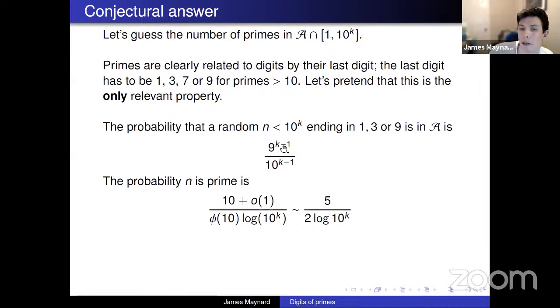So there's 9 choices for each of those k-1 digits. And so the probability that such a random integer lies in my set A of having no 7s in the decimal expansion is just 9 to the power k-1 divided by 10 to the power k-1.